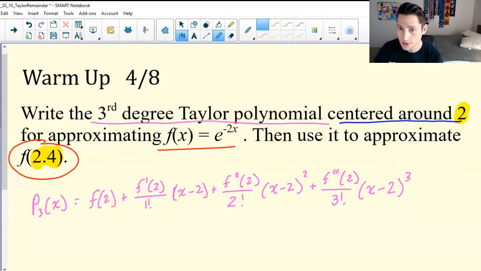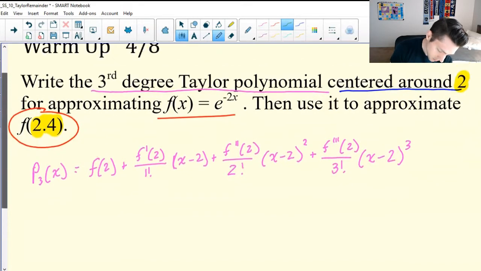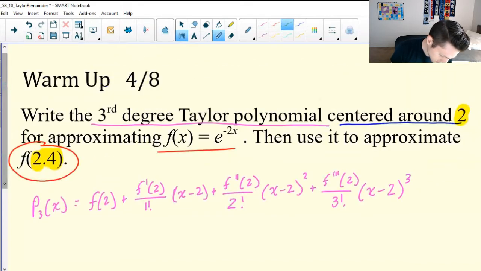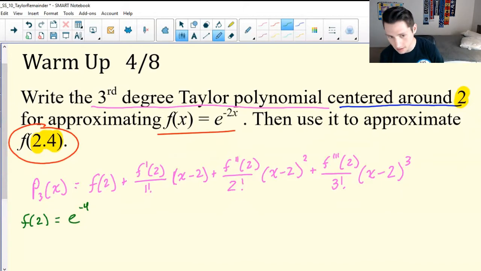Now we just need to go through and do some simplification and figure out what some of these values are. Let's do f of 2 first. That would just be e to the negative 4th. Not a super nice value, but a value nonetheless.